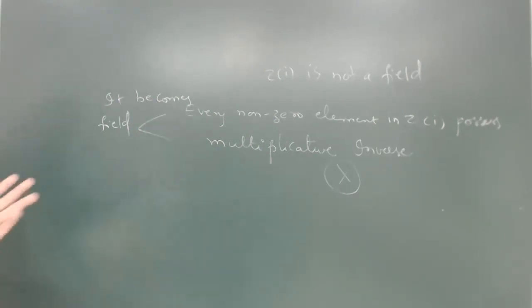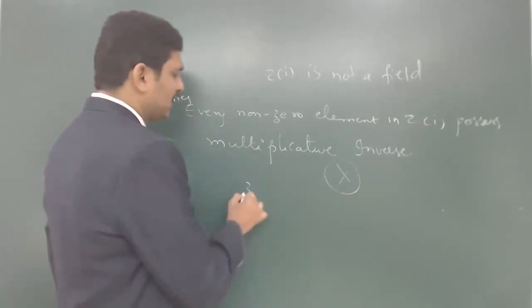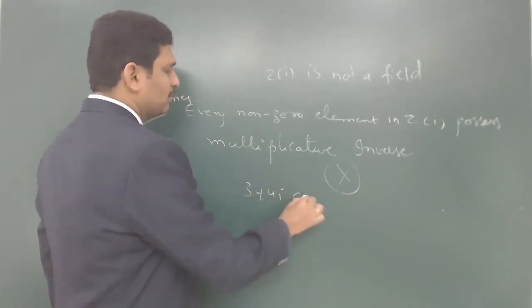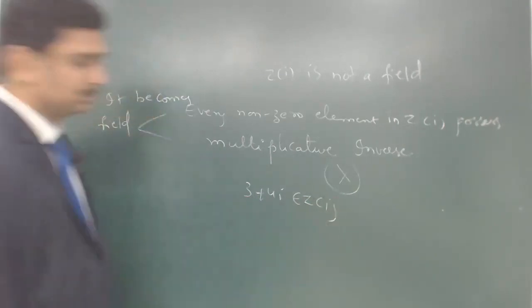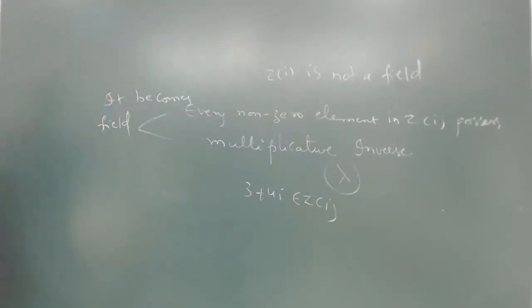The very basic example which you take is the element 3 plus 4i belonging to Z of I. So what could be the inverse of it?